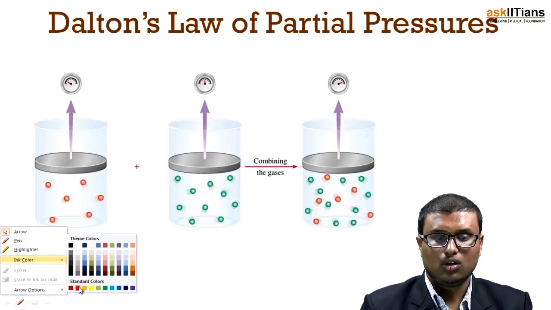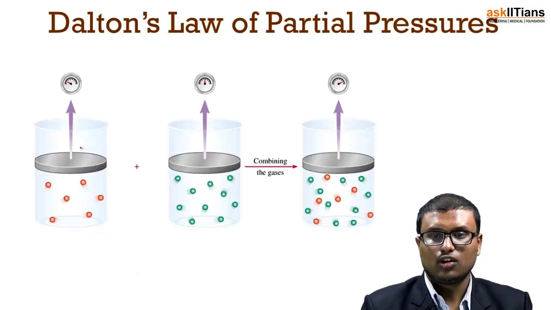So the next important law is Dalton's law of partial pressures. You can see here there is a red molecule, here a green molecule, and here a red molecule as well as a green molecule. I am combining both of these to give this.